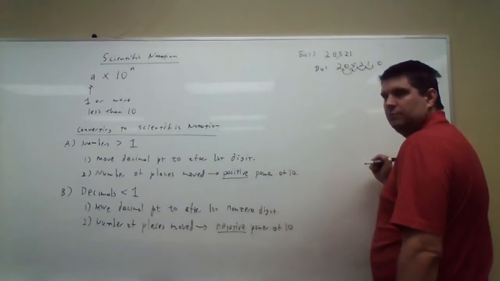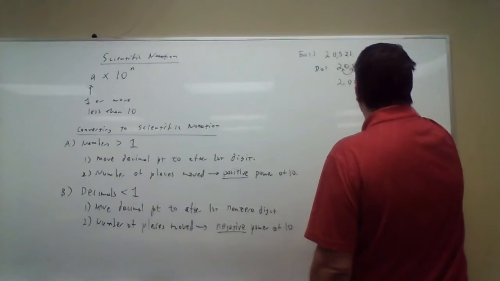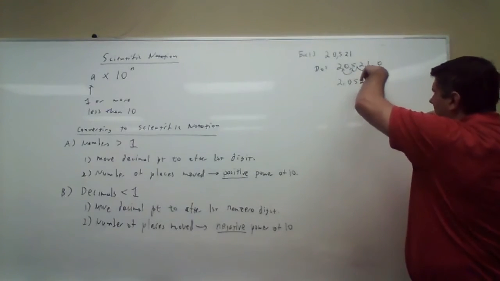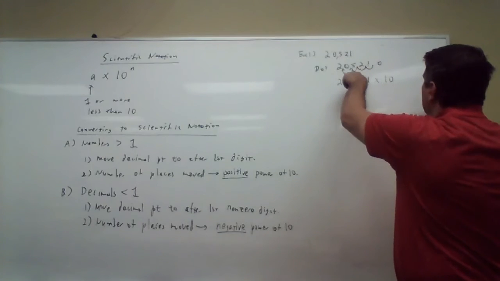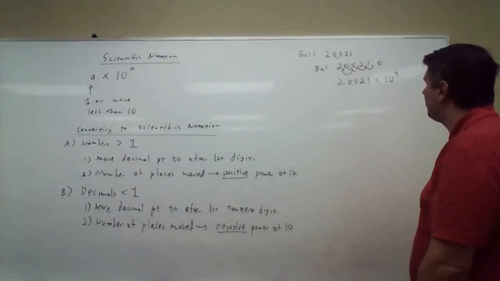And we would get 2.0521 times 10. We don't need the extra 0 if it's after a decimal point. We moved it 1, 2, 3, 4 places, so the power of 10 is to the 4th.